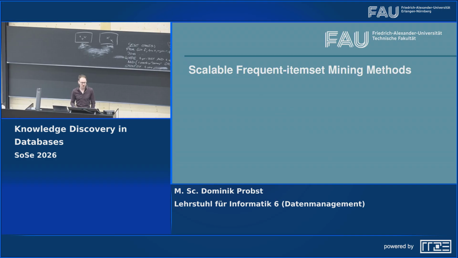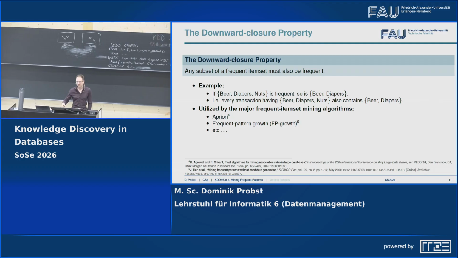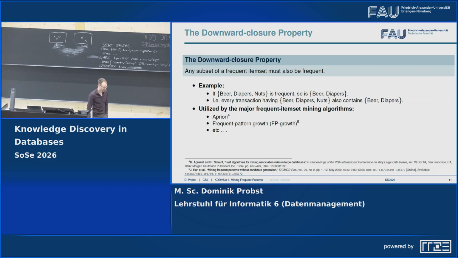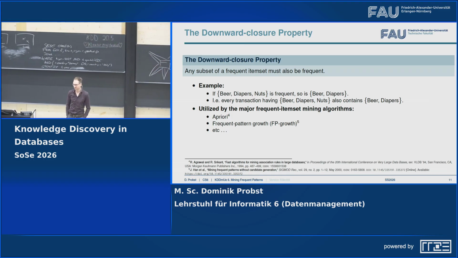I will now go to scalable frequent item set mining methods because I want to talk about Apriori. To understand Apriori, so how can I find these different frequent item sets of length 1, of length 2, of length 3, of length 4, we first have to understand the so-called downward closure principle or property.